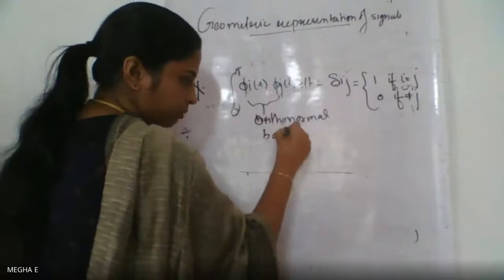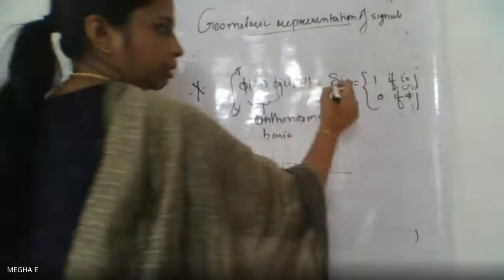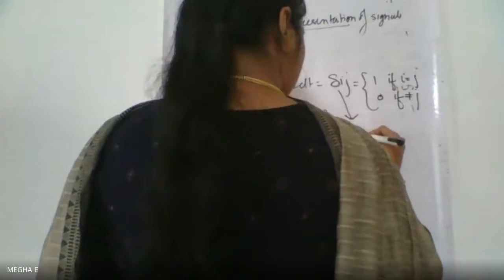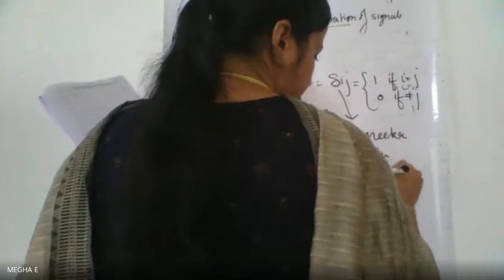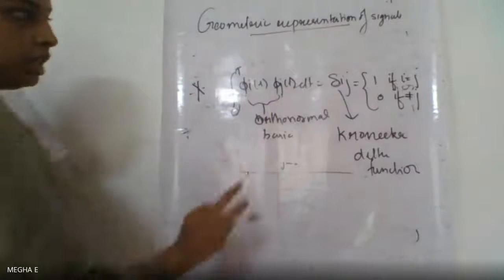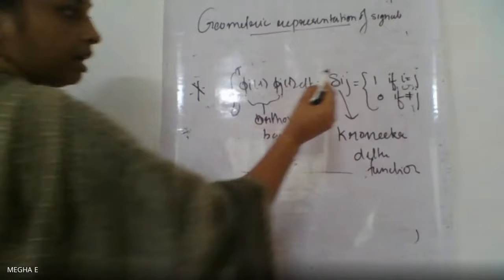The integral of phi i of t into phi j of t equals delta of ij, which is termed the Kronecker delta function, and it can assume two values. The first value is 1 if i equals j, and if i is not equal to j then the value is 0.